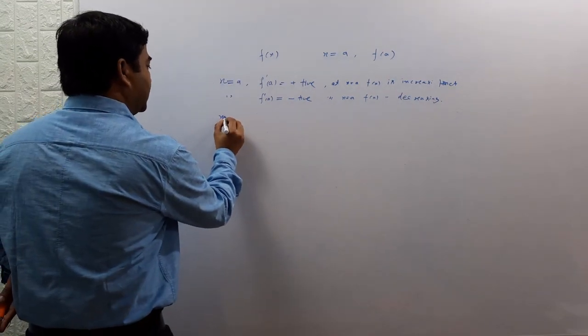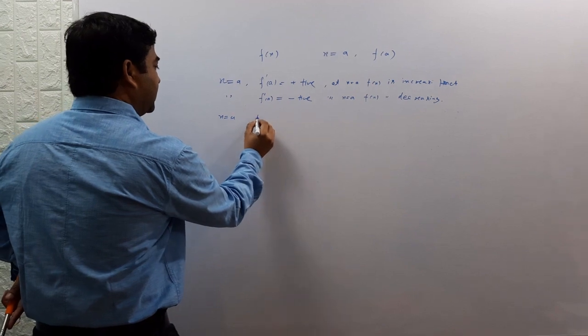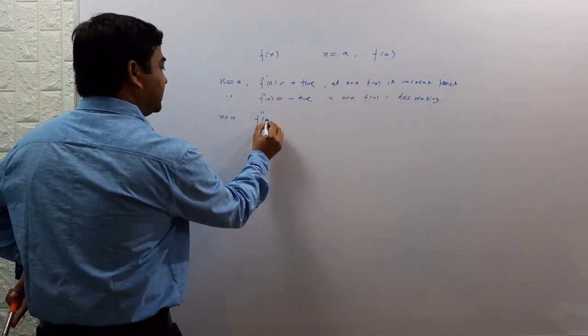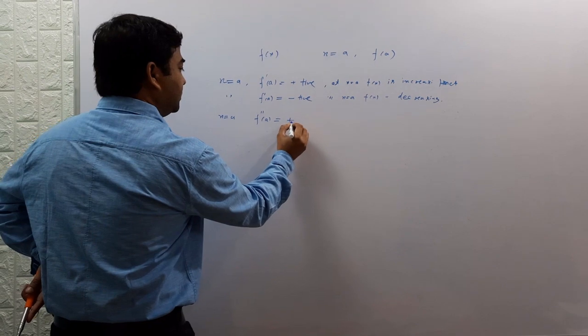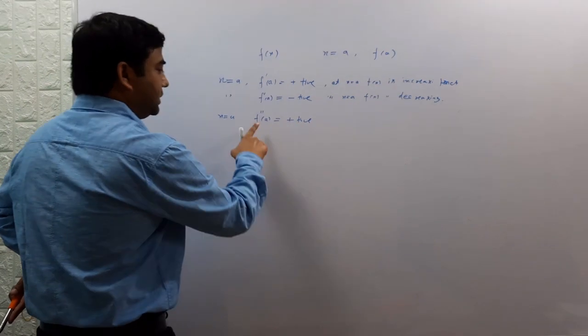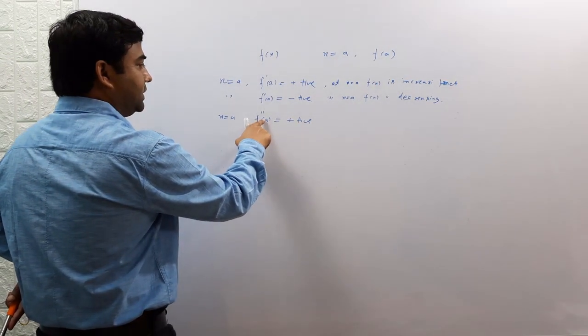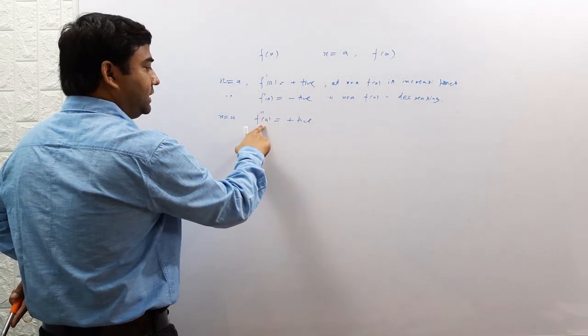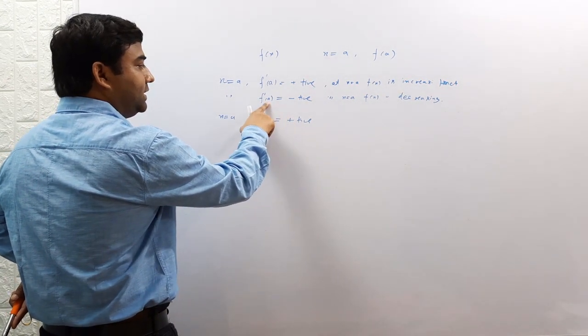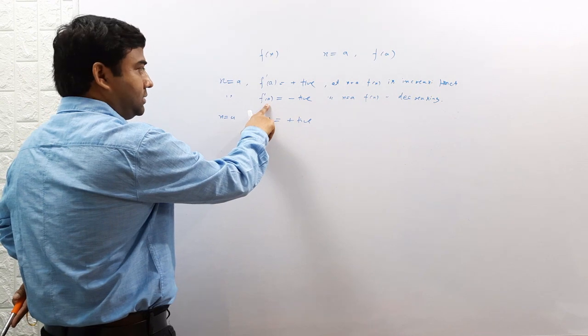Similarly, at x equal to a, suppose f double dash a is positive. f double dash a is nothing but the differentiation of f dash a. If f double dash a is positive, that means f dash a is an increasing function.